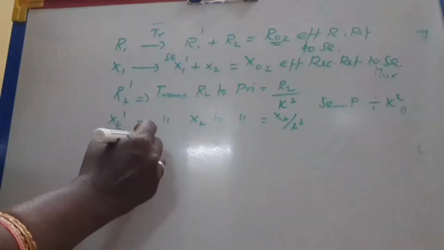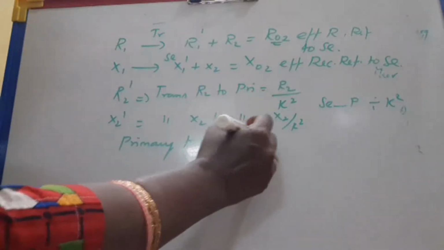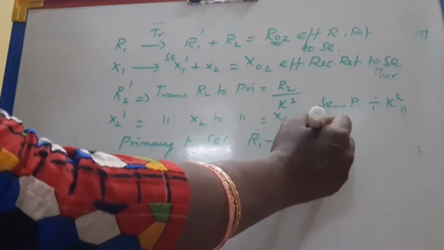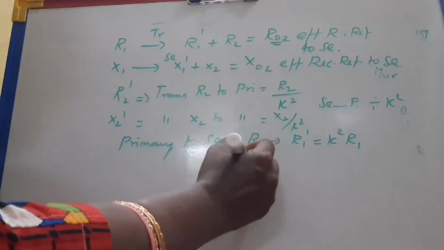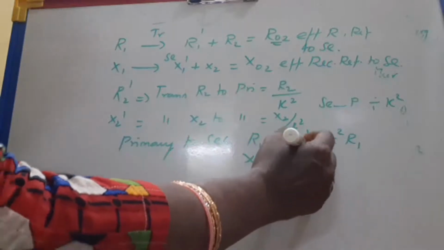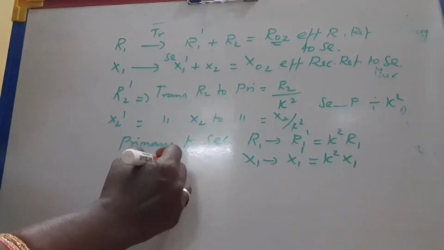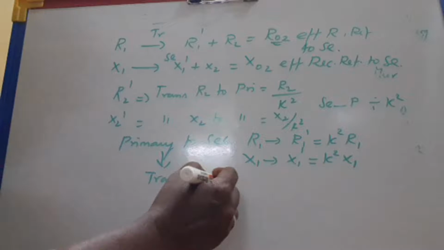Then, primary to secondary: R1 is transferred to the secondary as R1 dash, equal to K square into R1. X1 is transferred to the secondary as X1 dash, equal to K square into X1. When transferring from primary to secondary, we multiply by K square.